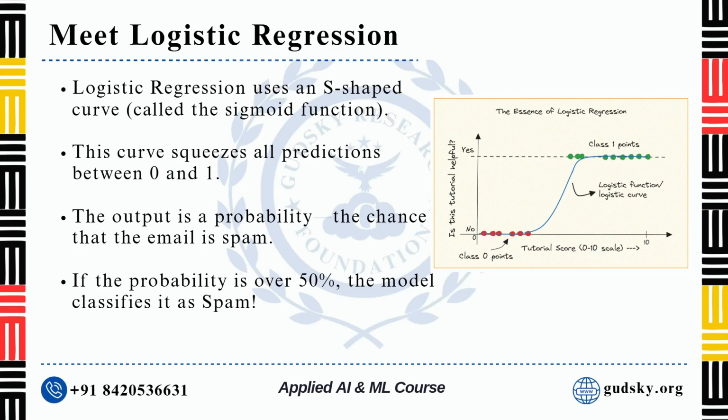This curve takes the model's raw score and squeezes it down to a value that is always between 0 and 1. This final value is the probability that the email is spam. If the probability crosses a certain threshold, say 50%, the model says, yes, that's spam.